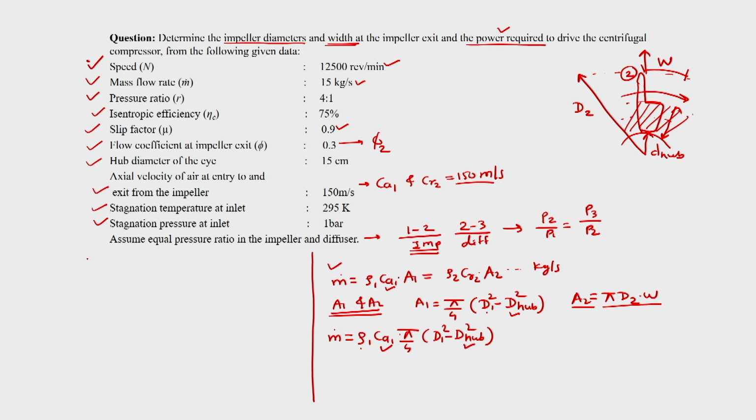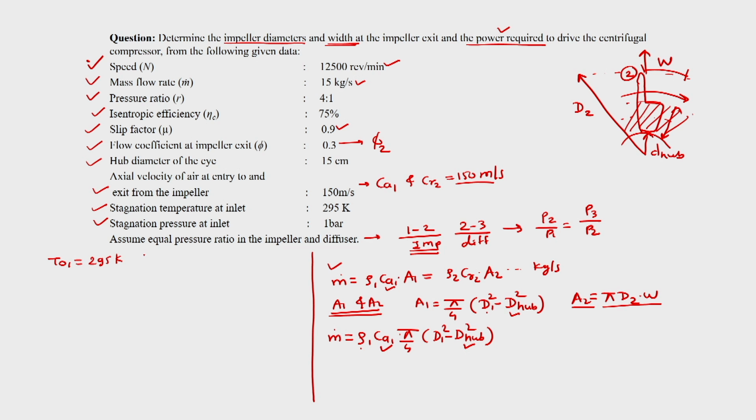We are given the stagnation temperature at the inlet. T01 is given to us as 295 Kelvin, but this is the stagnation temperature. We also know the velocity C1, which is 150 meter per second.